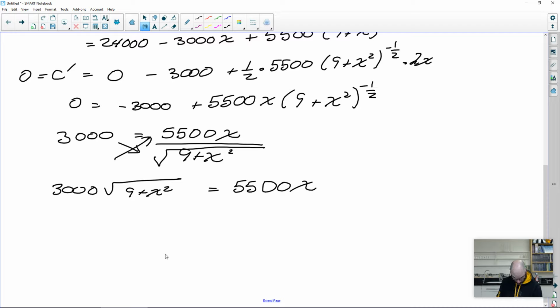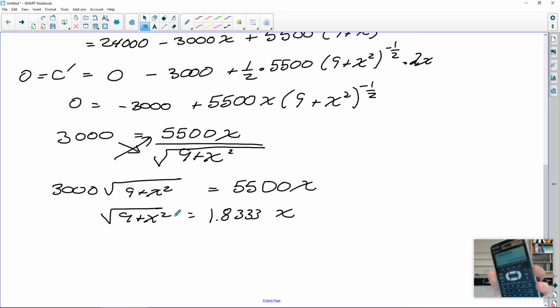Okay, when we do that, we get 1.833333. So I'm going to just leave that on my calculator for now. But we're going to get the square root of 9 plus x squared equals 1.833, etc. x.